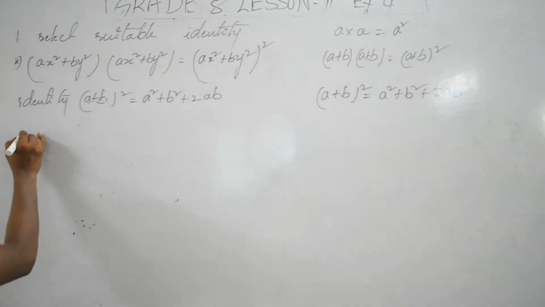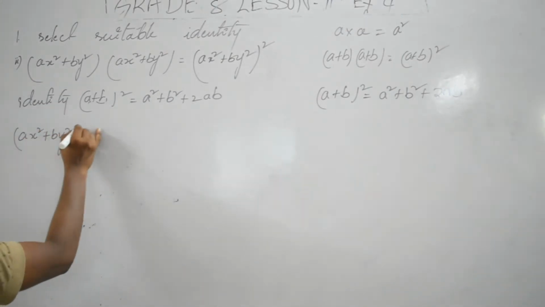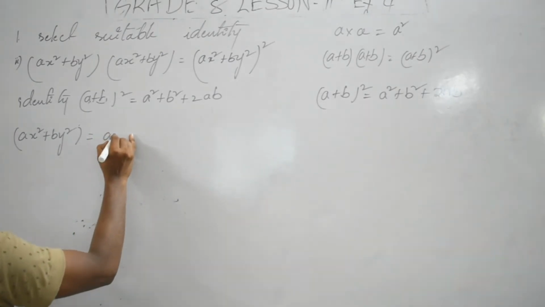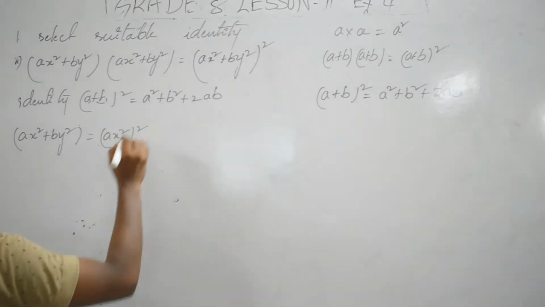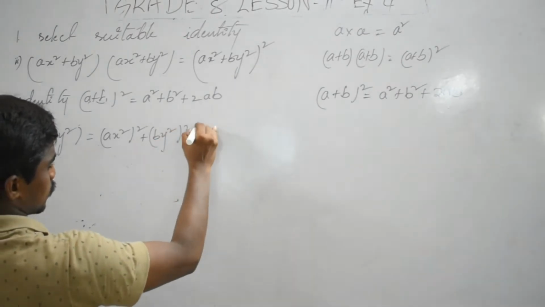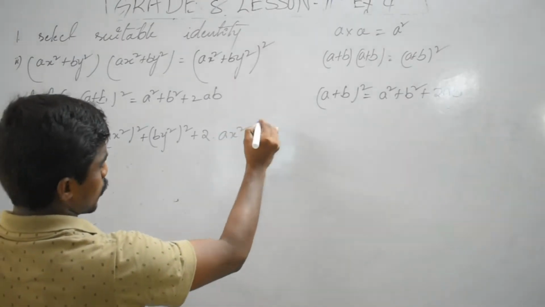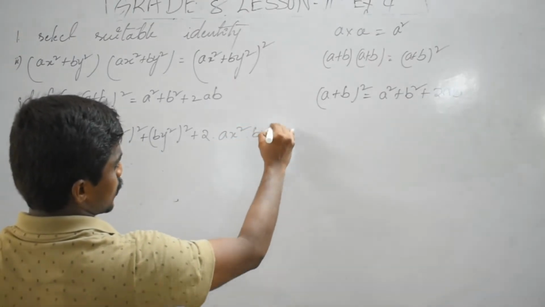So here (ax square plus by square) whole square is equal to ax square whole square plus by square whole square plus 2 cross ax square cross by square.